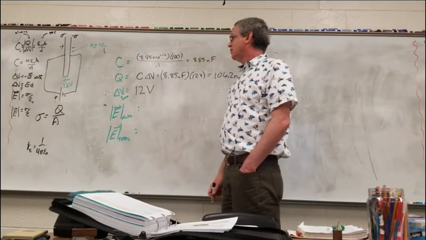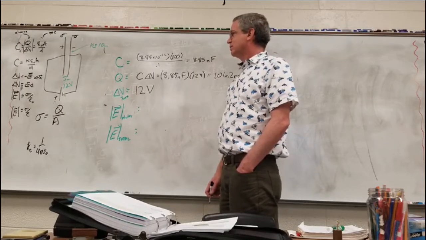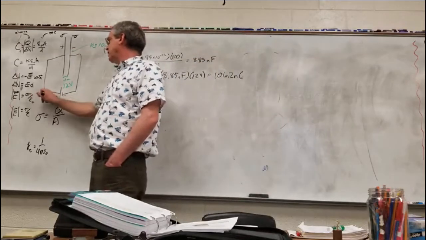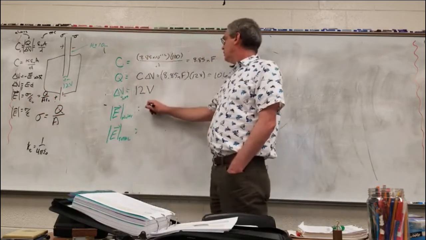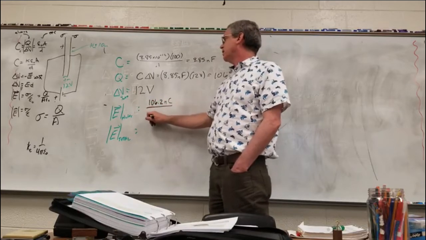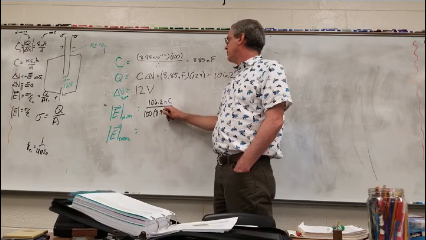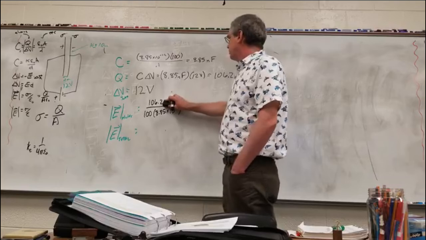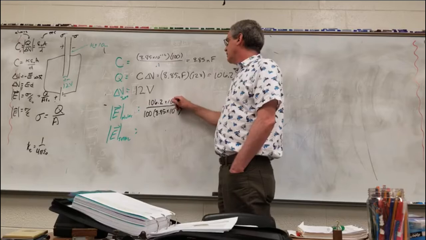Oh, so you just do charge divided by area, and then divide it. Okay, so if we expand that, sigma is Q over A, epsilon sub naught. And so we have our charge 106.2 nanocoulombs divided by A, which is 100, times 8.85 times 10 to the negative 12, and times 10 to the negative 9.